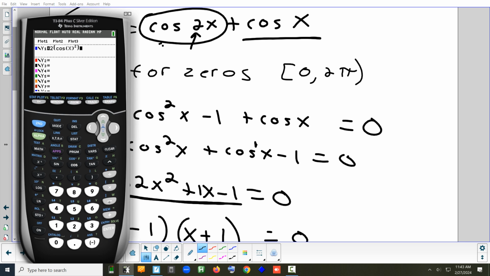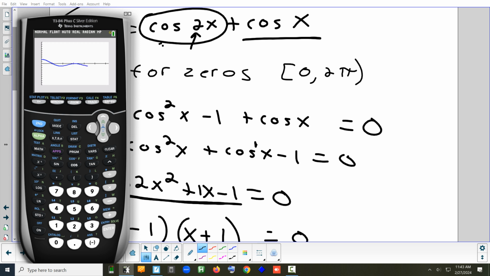So I predicted 3 times based on what we did. So there's 1. There's 2. There's 3. Perfect. So the work that we did confirms exactly what you're seeing graphically.